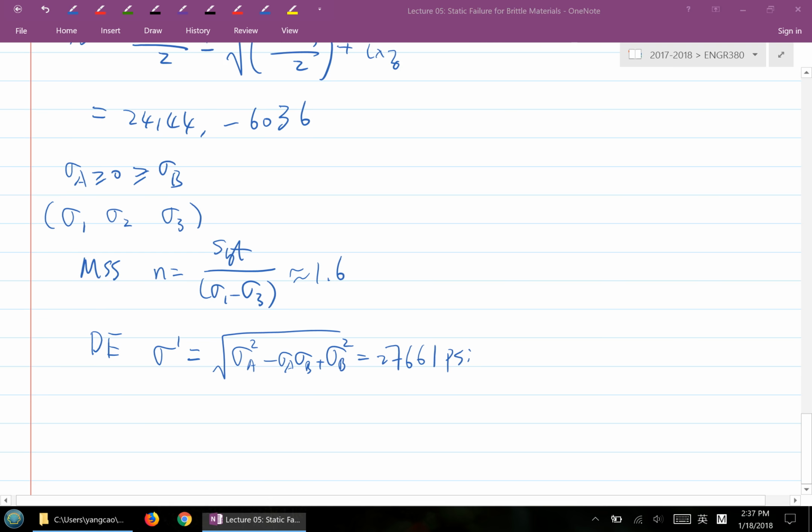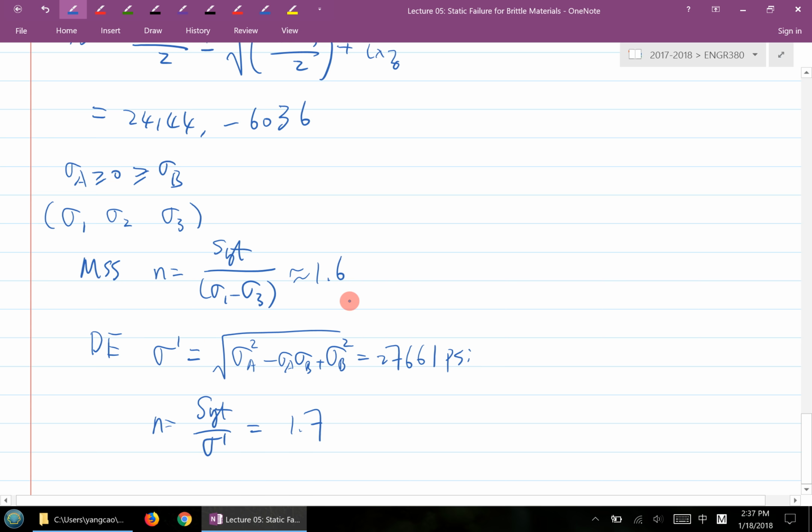And then the safety factor is SYT over sigma prime, equal to approximately 1.7. This calculation makes sense because this is slightly bigger than that, which conforms with MSS being a little more conservative, right?